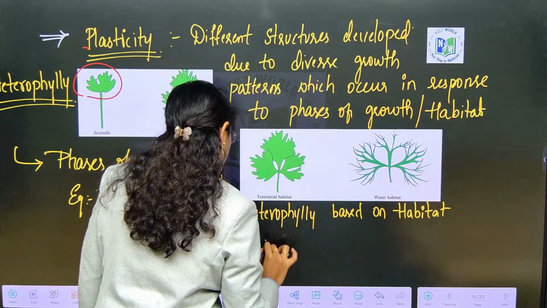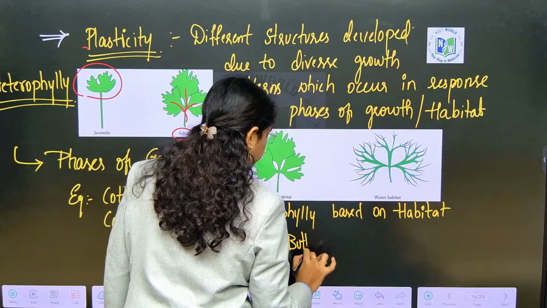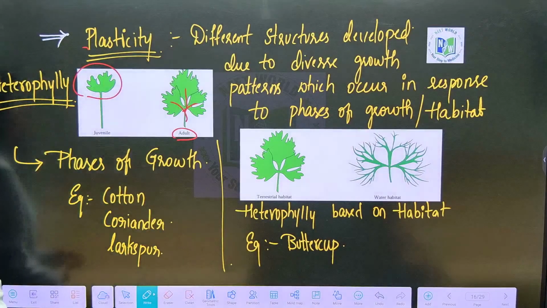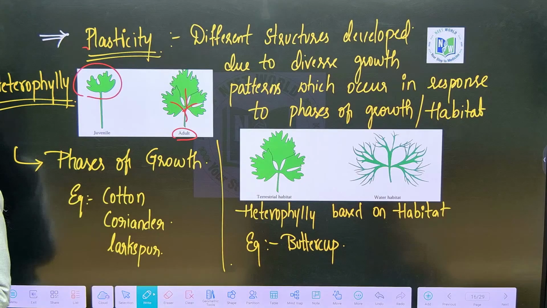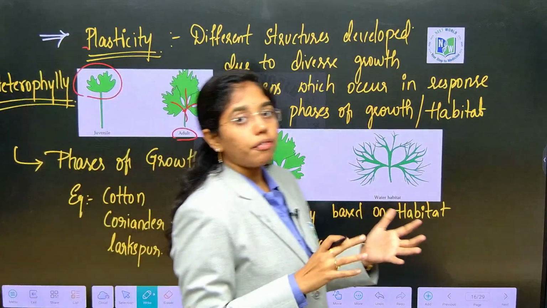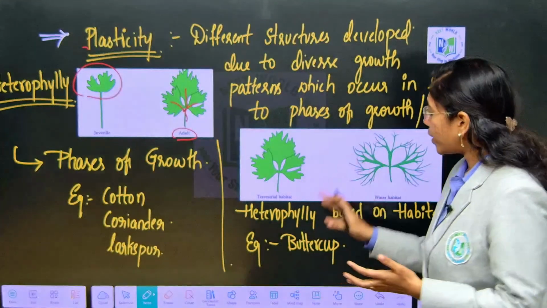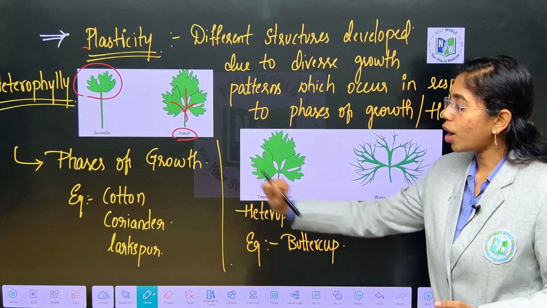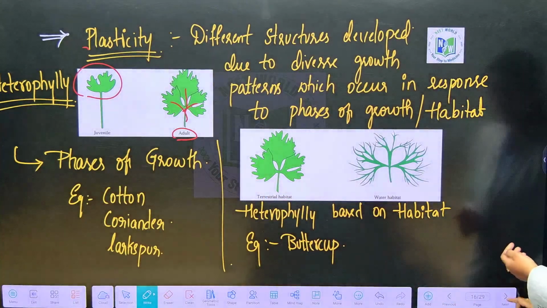Example, buttercup. Fine, clear till here? Any doubt anywhere? Both heterophily for phases of growth and heterophily based on habitat are important. Examples are very important. Here it is cotton, coriander, larkspur, and here it will be buttercup.